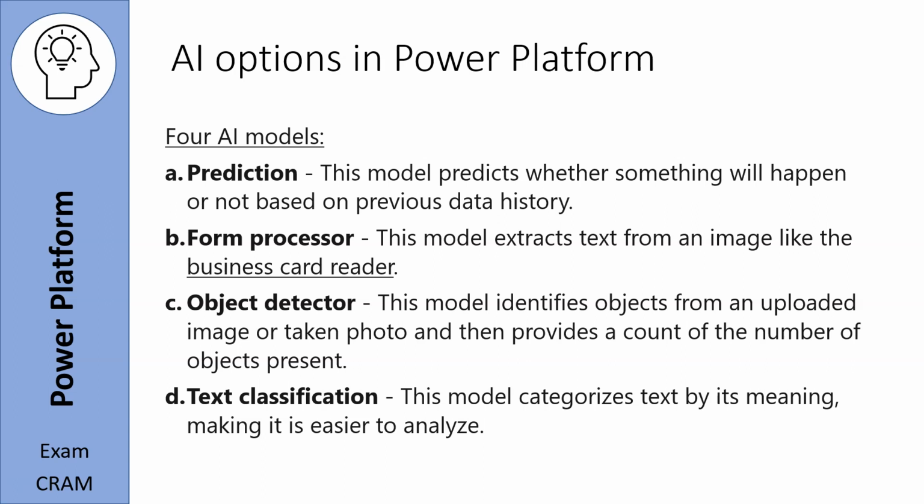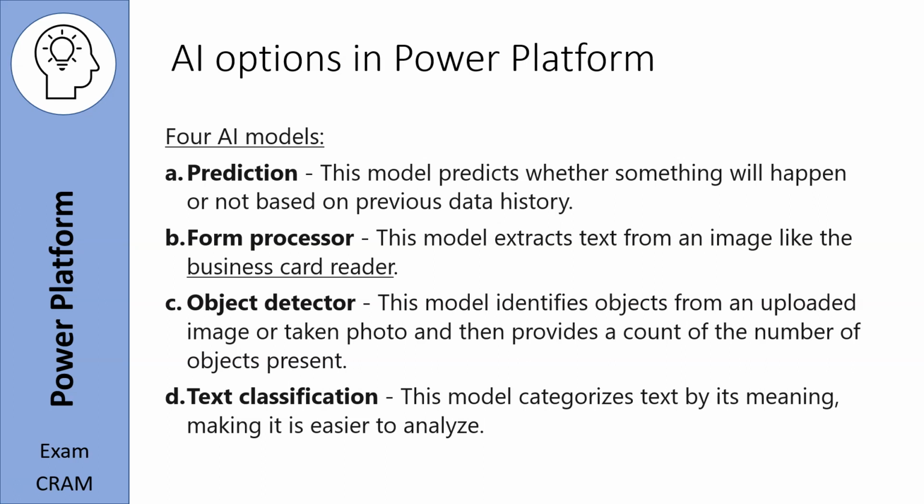Prediction is used when you need to predict something will happen based upon previous data history. Form processor is a model that extracts text from an image, for example, a business card reader. If you want to make an app for a business card reader, you will use this AI feature, form processor.